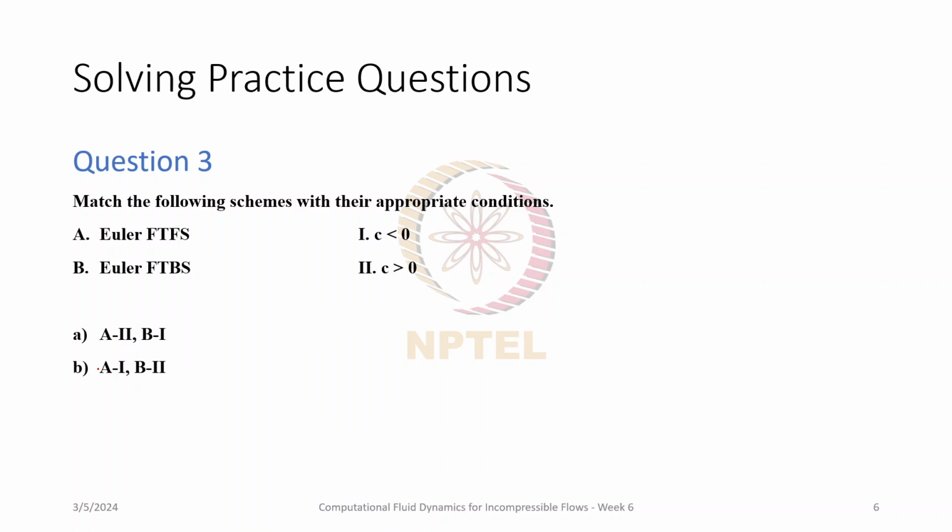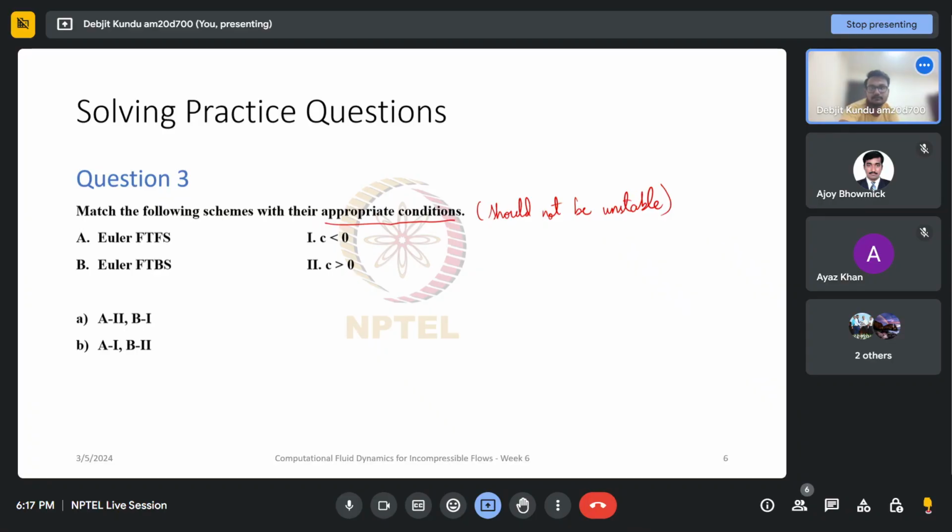So you have to match the correct combinations of where it should be stable. Or rather, I would say that it should not be unstable. That is what I mean by appropriate condition. So only two options are there. It could be either A2B1 or A1B2.